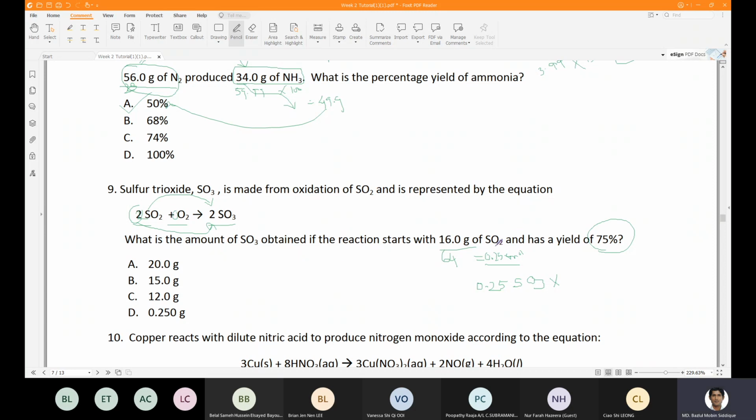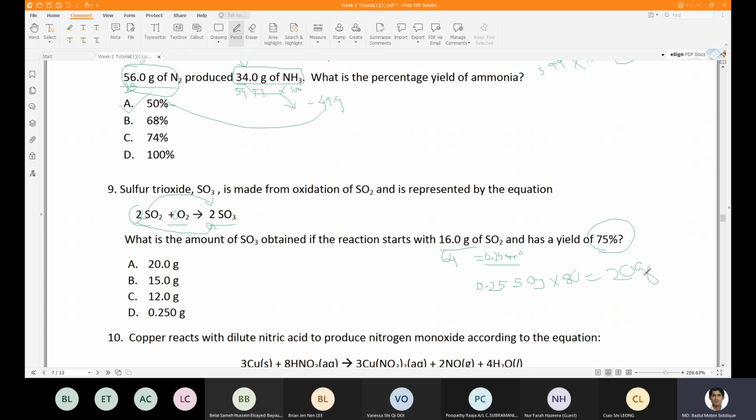Yes, 80. So if we multiply 0.25 with 80, it becomes 20. So it becomes 20 grams of sulfur trioxide.